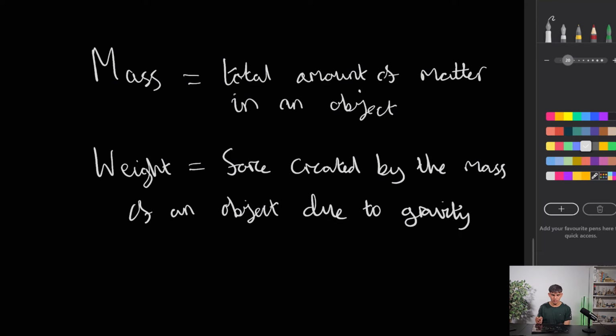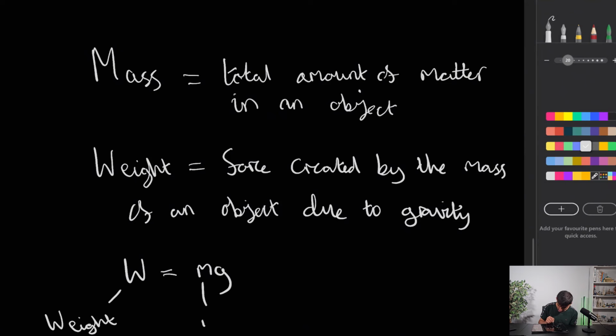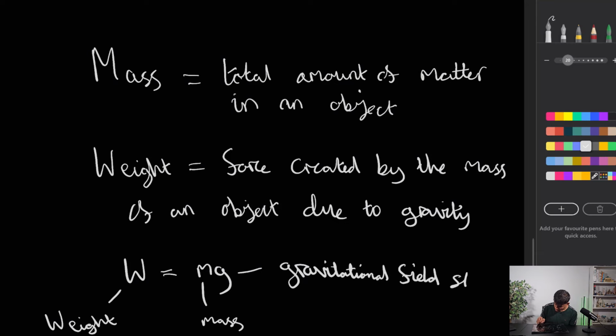So the equation for weight would be W equals mg, where W equals the weight, m equals the mass, and g is the gravitational field strength, or just the force of gravity, which on Earth is 9.8.